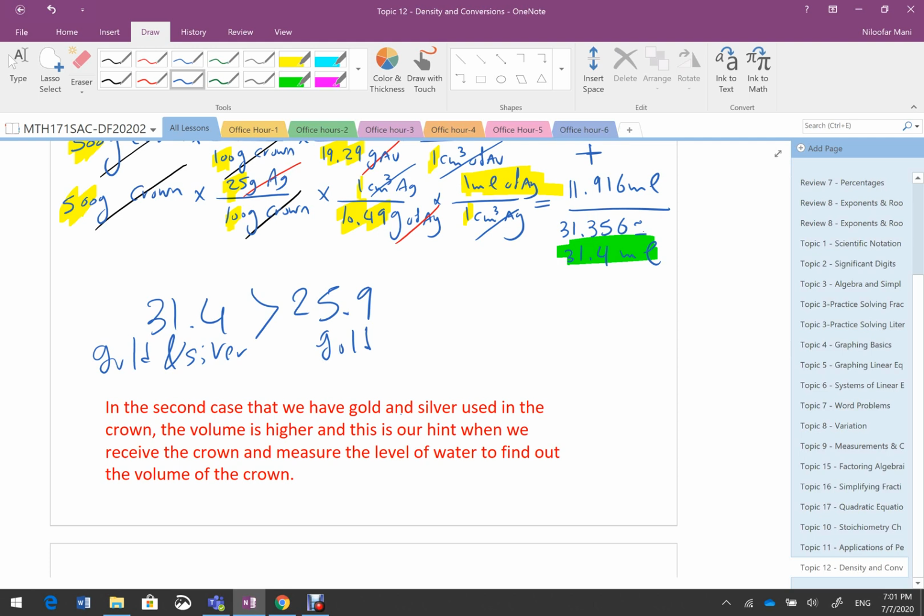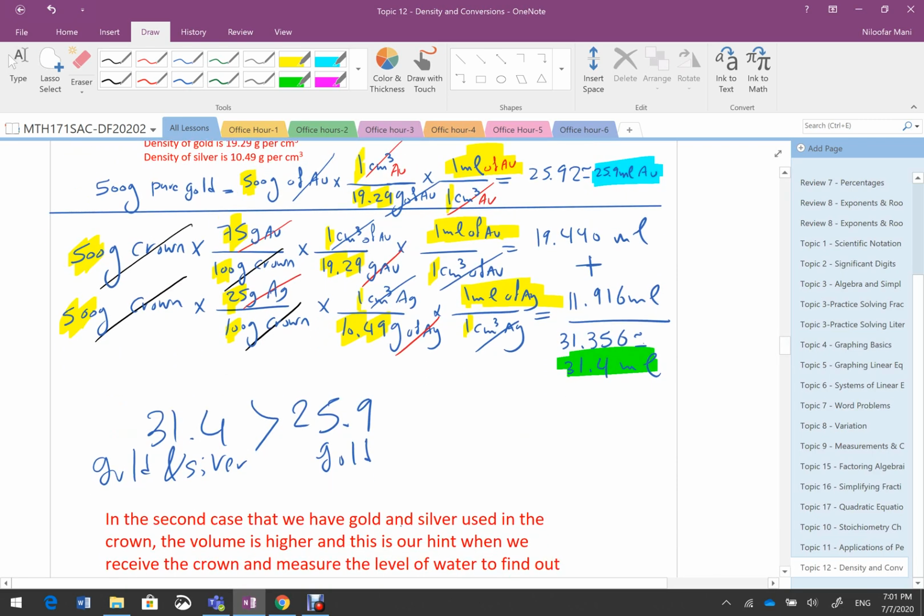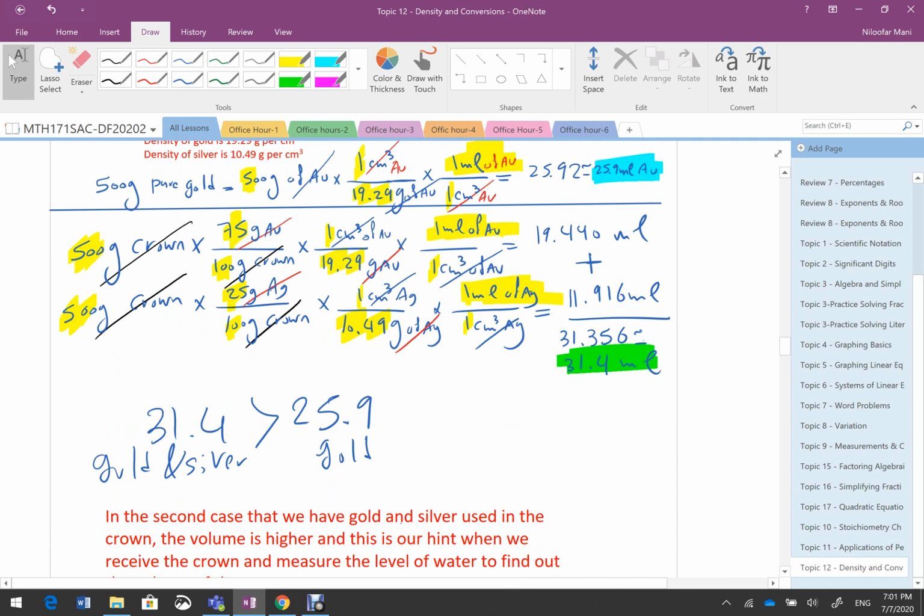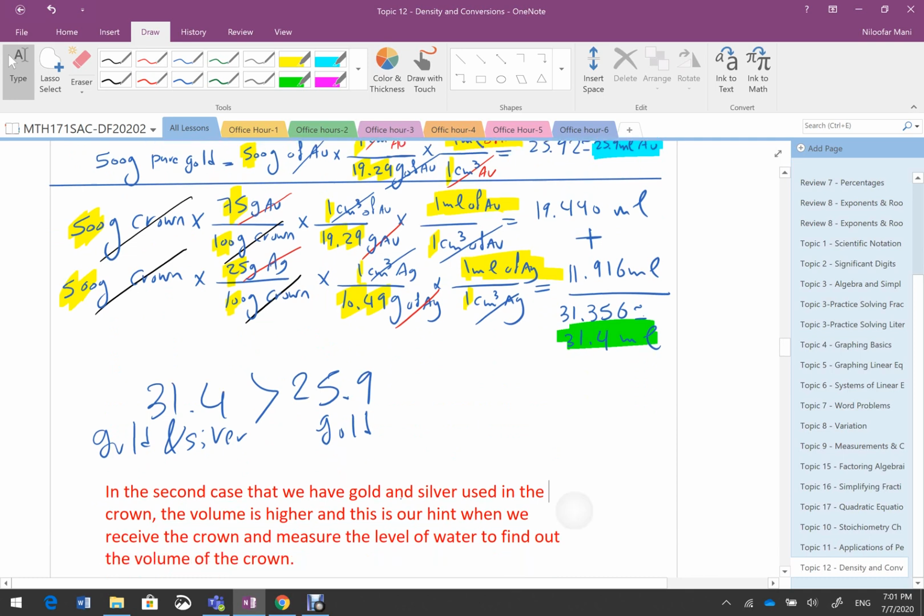So this is a good application and an example related to history and also to density.